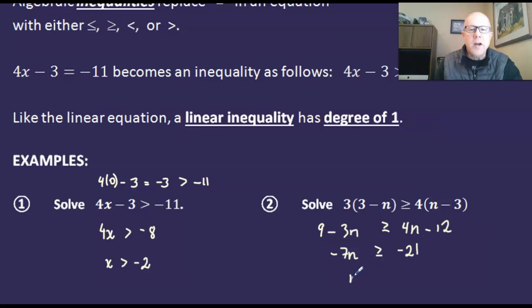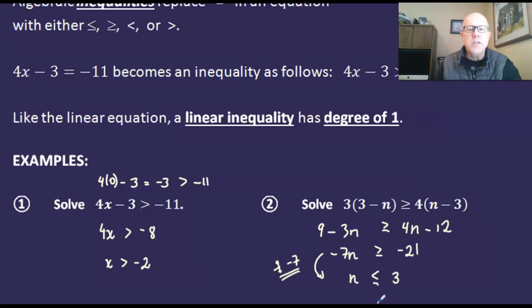And then when we divide both sides by a negative 7, we need to be very cautious here and change the direction of that symbol. So instead of the greater than, we're going to have a less than. And then when we divide negative 21 by negative 7, we get a positive 3.